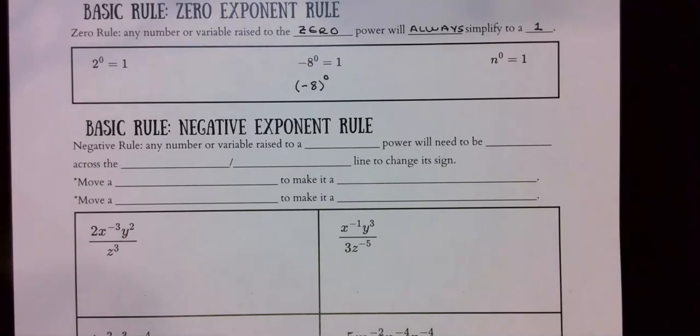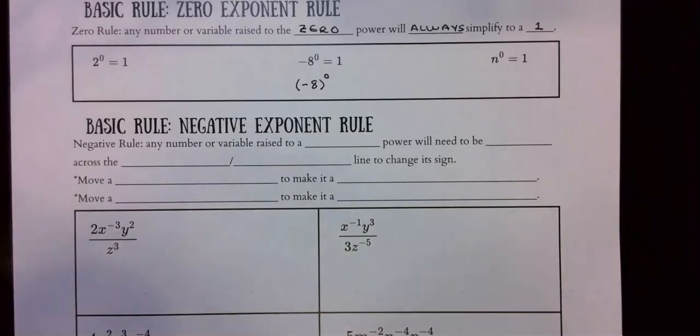Okay? All right, the next basic rule we're going to talk about is the negative exponent rule. Maybe you're working some problems out, and then you realize that you have a negative number. So for this one, let's fill in some of these blanks.